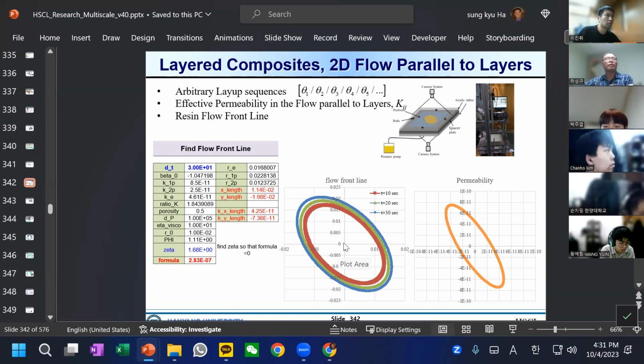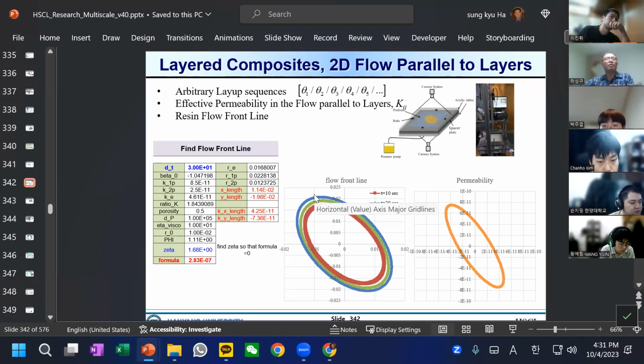Let's say, starting from here, resin can flow in this direction and that direction, and over the time, 10 seconds, 20 seconds, and 30 seconds, with a certain layer. Now you can see that by measuring this circle's radius over the time, we can measure the permeability.